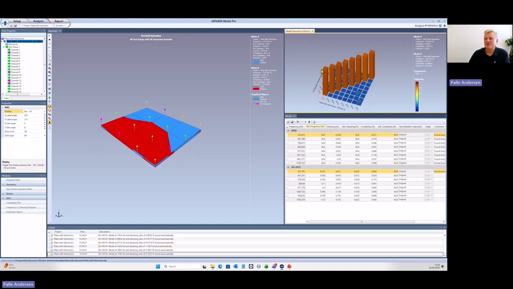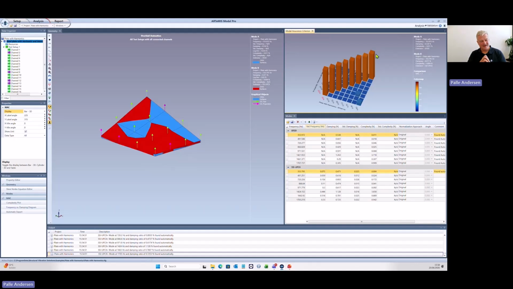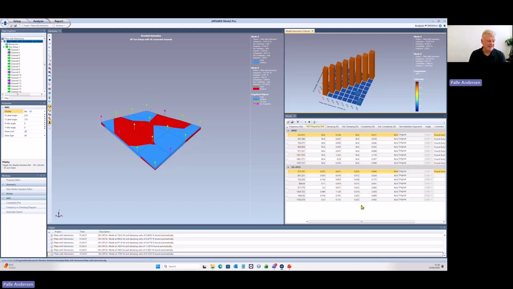We can here see the cross MAC diagram that tells us that these two sets of modes actually are the same mode shapes. They compare with each other. And of course, we can also take a look at things like the damping and the frequency in this list here and see how well they compare with one another. So there are many things you can do in this validation approach here also.